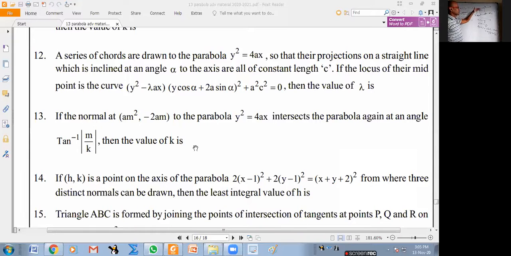I want to find a projection on this. So I don't know the angle between them, so I don't know the slope. Let's say this particular chord has slope tan theta. This is alpha, this is theta, so theta minus alpha. So I have to write AB into cos(theta minus alpha) is c.